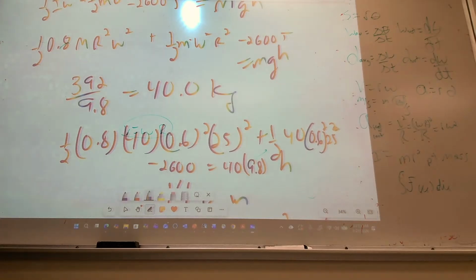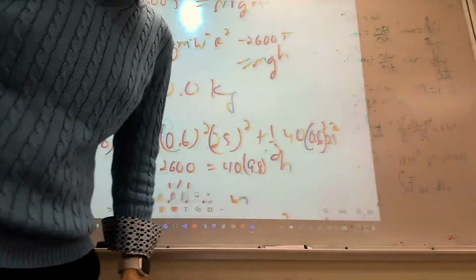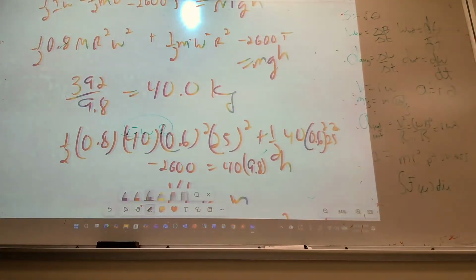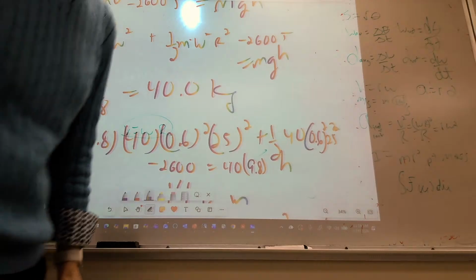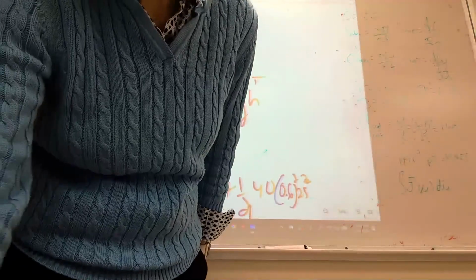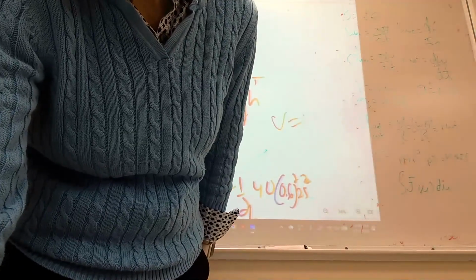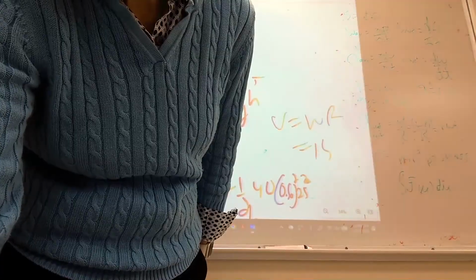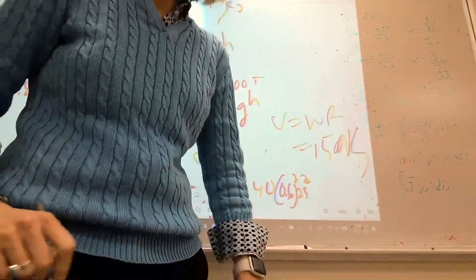So your V is just 15 meters per second. It's 25 times 0.6. So you could have put it in terms of V, 15 meters per second.